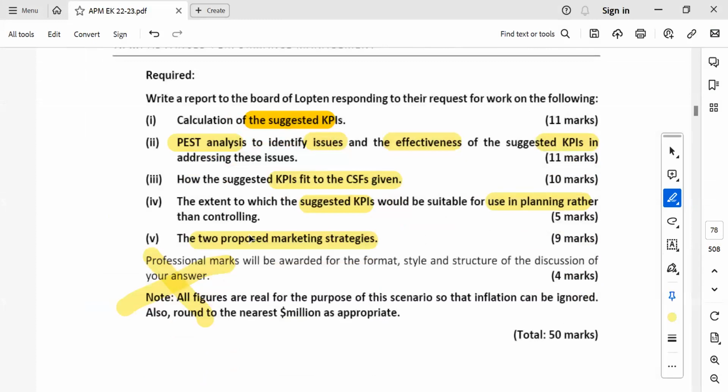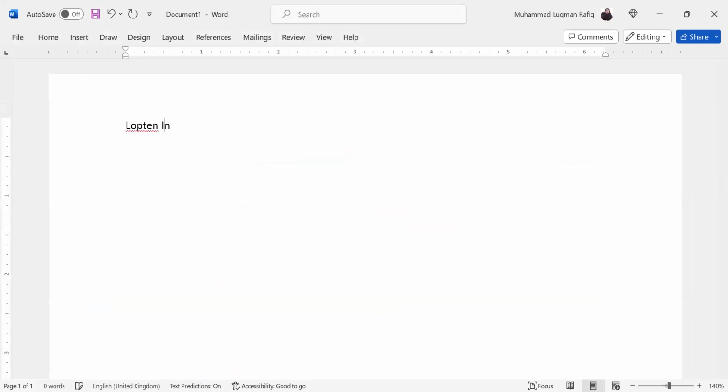First of all, with respect to Lupton Industries, what we need to do is the PEST analysis, right? Now, if you've got to do the PEST analysis, let's try to understand this. Is he asking for pest or is he asking for pesto?